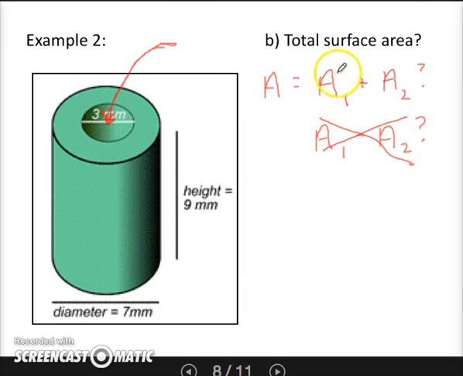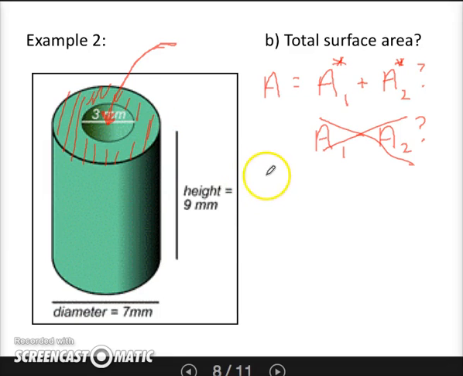So we're going to be adding the part that's showing from shape 1 to the part that's showing from shape 2. That was the big insight that we needed for this problem. But there's another complication here, which is that the part that's showing here on the top and the bottom is shaped like a donut, and we've never calculated the area of one of those before.